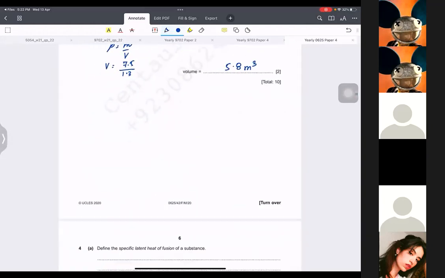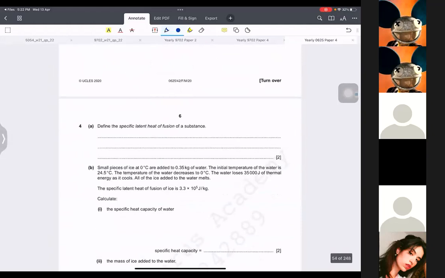Okay, then it says define the specific latent heat of fusion. Specific latent heat of fusion is basically energy, which is heat, required per unit mass, right? For 1 mark.